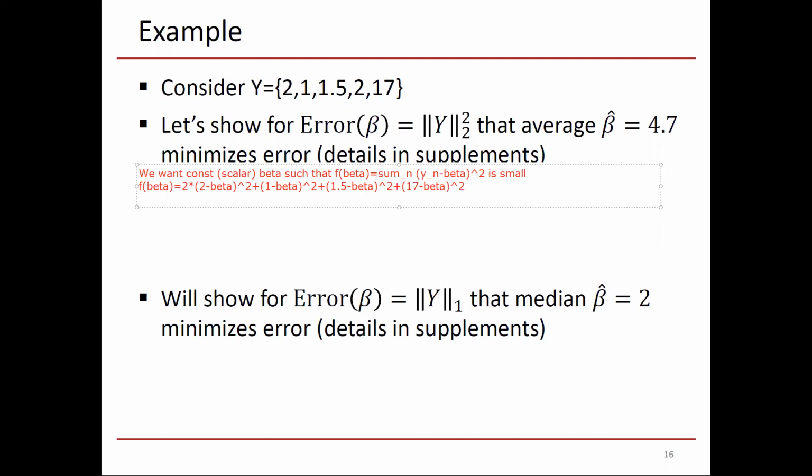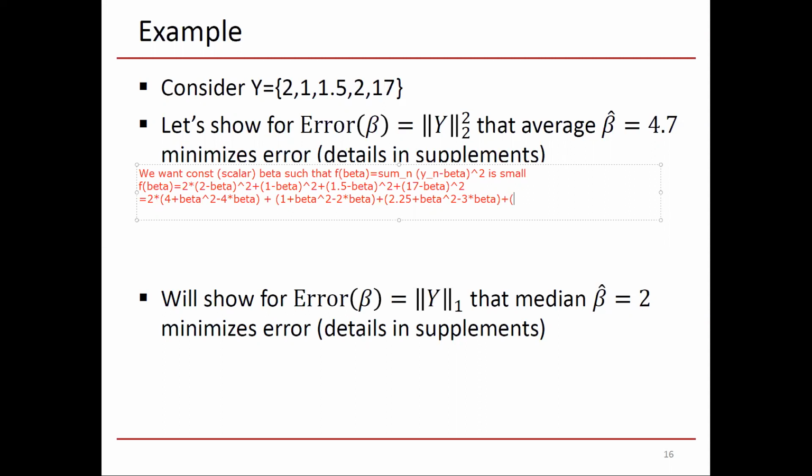Now, by the way, you could take beta minus 17 or 17 minus beta. When you square it, it's the same. So let's continue. This is 2 times (4 plus beta squared minus 4 beta), plus 1 plus beta squared minus 2 beta, plus, what's 1.5 squared? 1.5 squared is 2.25, plus beta squared minus 2 times 1.5 times beta, that's 3 beta.